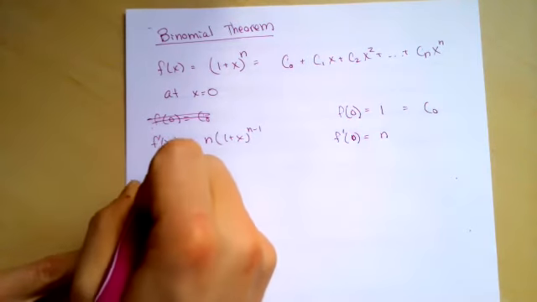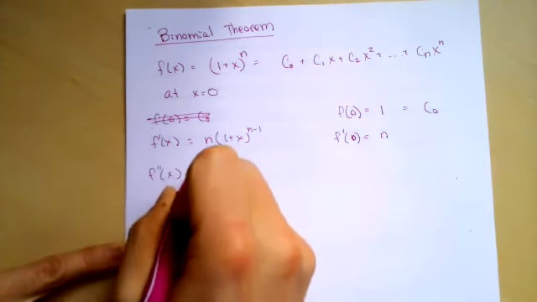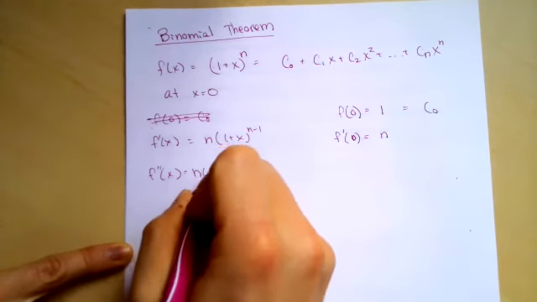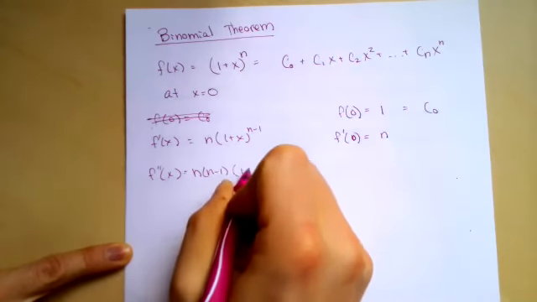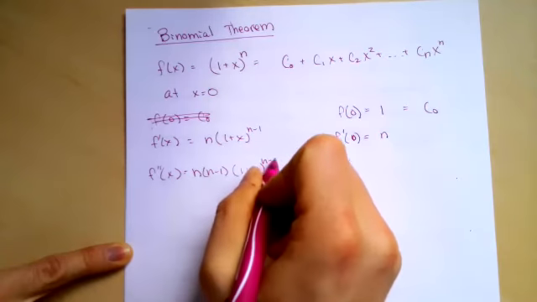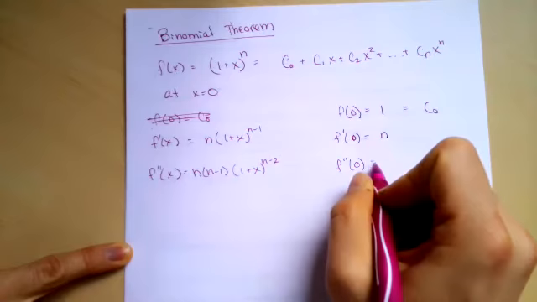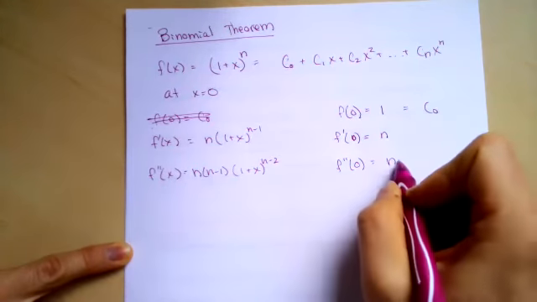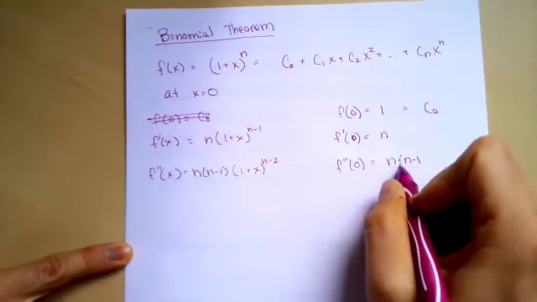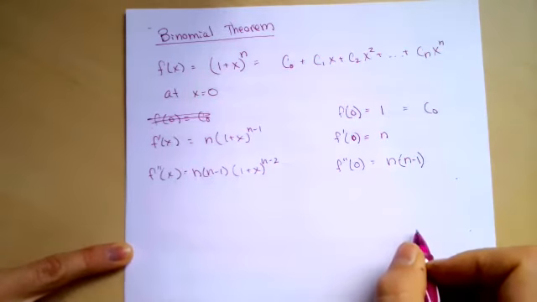When I take two derivatives, we'll have n times n minus 1, times (1 plus x) to the n minus 2. And of course, when I evaluate it, we will get n times n minus 1.